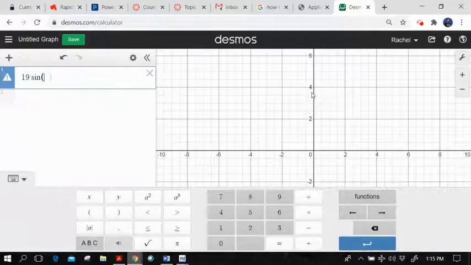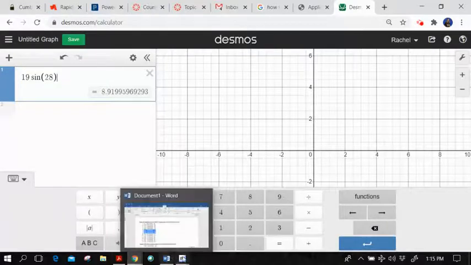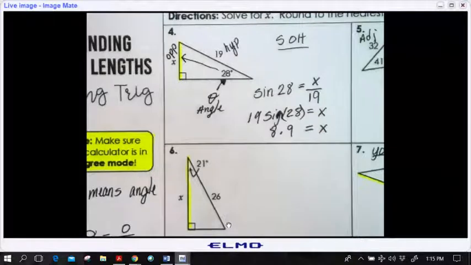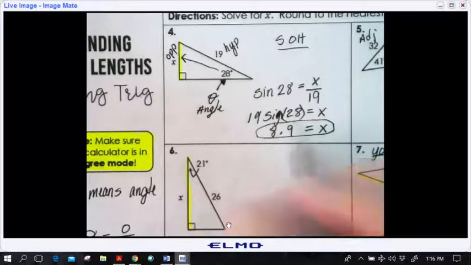It already opens up the parentheses for me. I'm going to type in the angle measure and close my parentheses. And notice that in this little box here, it already pops up and gives me the solution, 8.9. So when I come back to my paper, the value of x that I'm going to put on my notes is 8.9. And that's it.